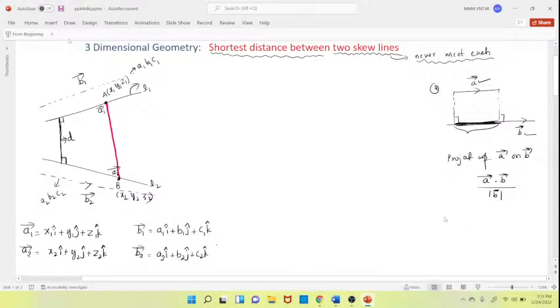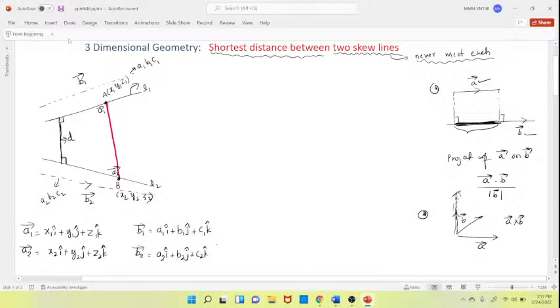Similarly, one more concept we know: let us suppose there is a vector A here and a vector B. If you take the cross product of A and B vectors, it simply gives you a perpendicular vector. The cross product of two vectors always gives you a perpendicular vector.